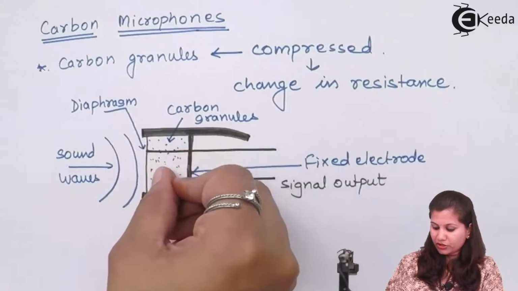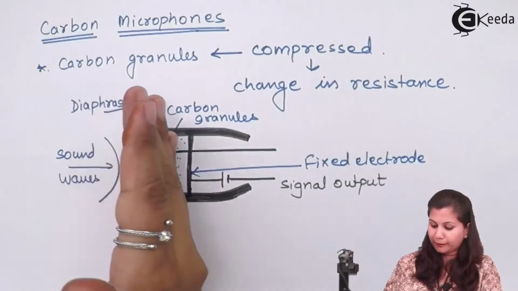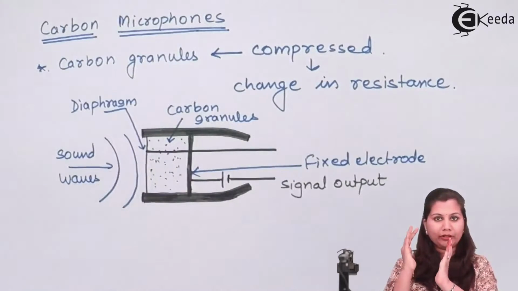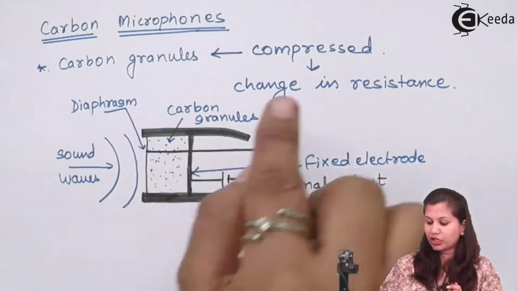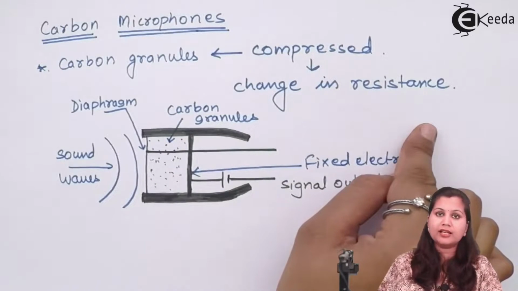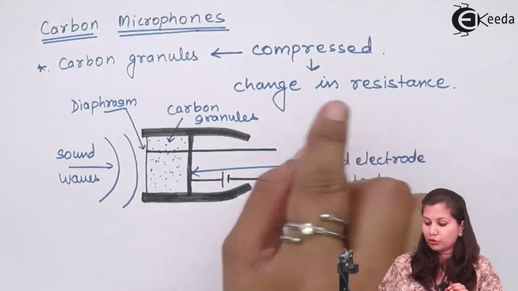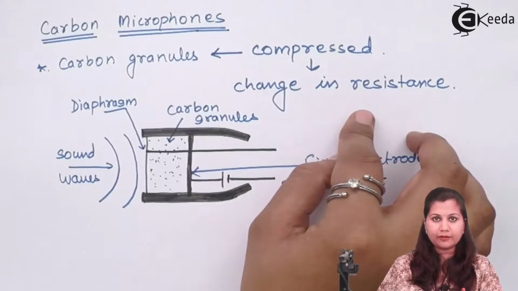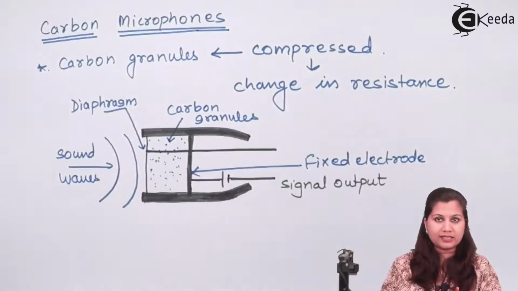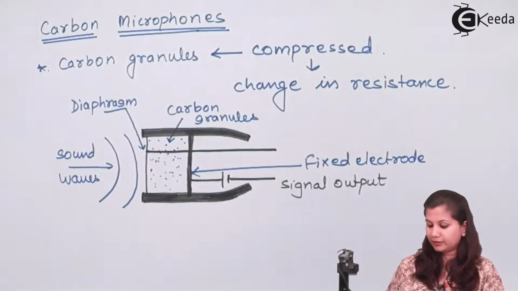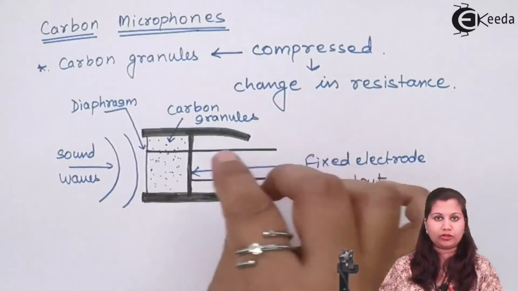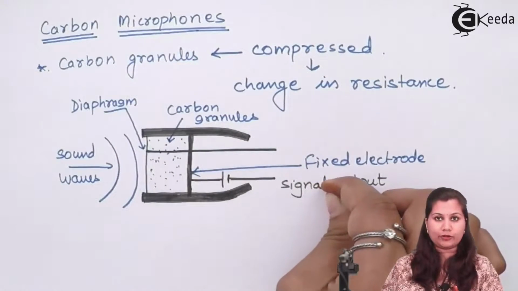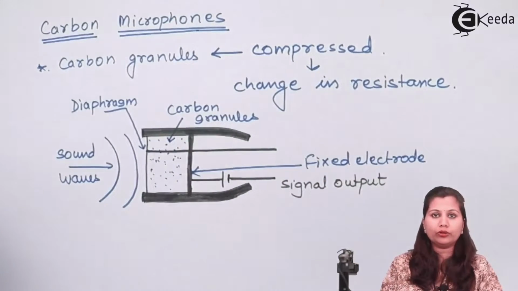Now due to this change in shape of the diaphragm, the carbon granules are compressed, and when these carbon granules are compressed, there will be a change in the resistance of these granules. Generally this resistance is going to decrease. When the resistance decreases, we know that the output voltage which we are measuring between the diaphragm and the fixed electrode is also going to change.